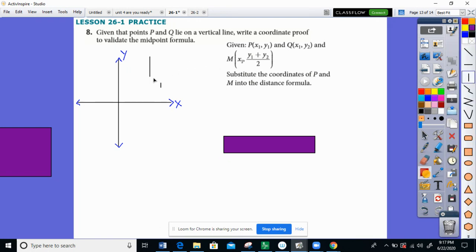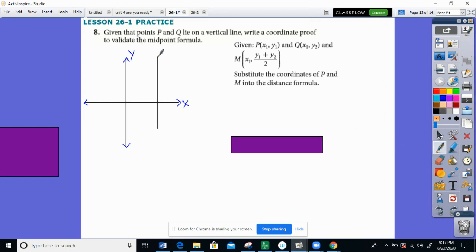So let's say here's our vertical line. Here's point P, here's point Q, and here's the midpoint. Well, one thing you should notice right away is that since this is a vertical line that points P and Q lie on, the x values are the same, right? So we know that the x value for the midpoint is going to be the same.